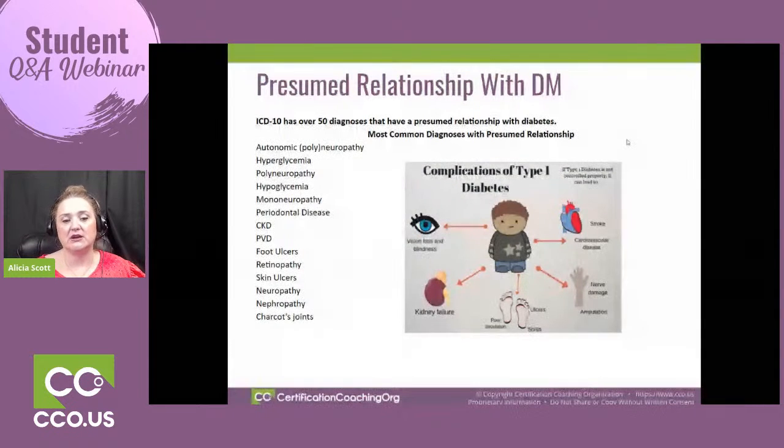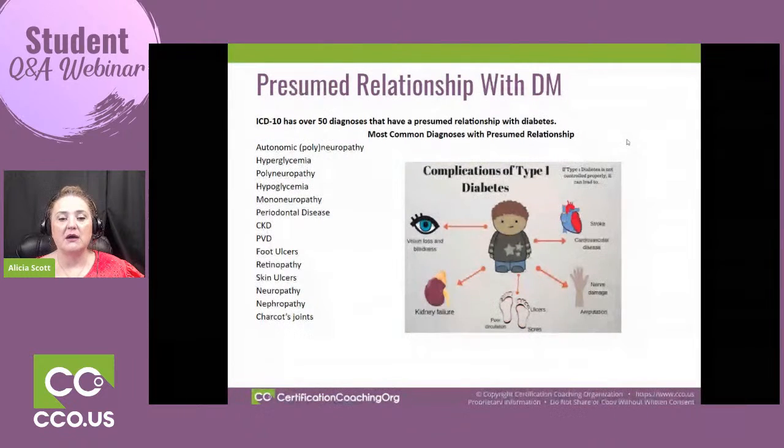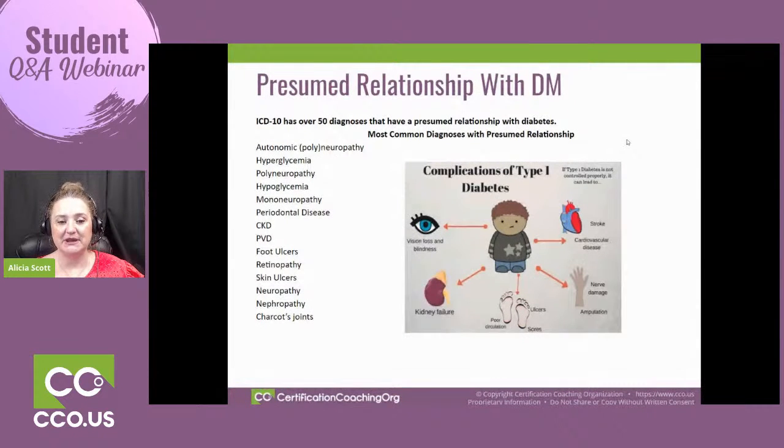The other ones that are, again, really common are autonomic polyneuropathy, hyperglycemia, which we mentioned before, polyneuropathy, hypoglycemia, mononeuropathy, all of those are neurological, periodontal disease, again so common with your diabetics, chronic kidney disease, peripheral vascular disease, foot ulcers, retinopathy, skin ulcers, neuropathy, nephropathy, and Charcot's joints.